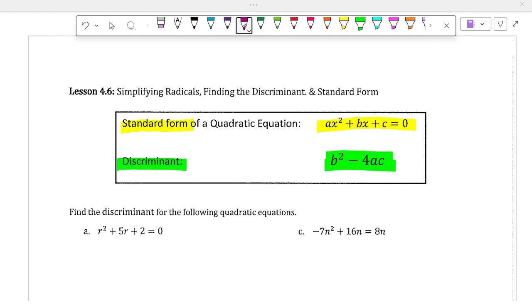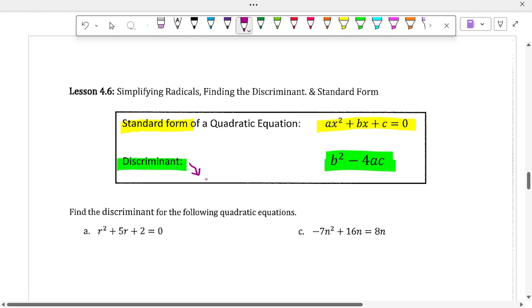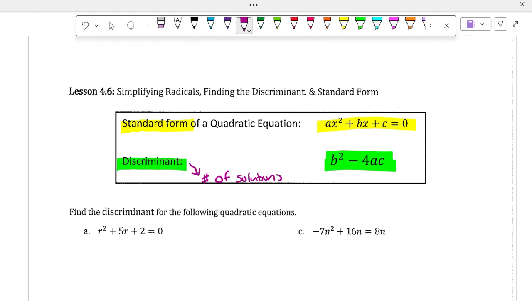It tells us the number of solutions that we will have as well as the type. And remember, by type, I mean whether it's real or imaginary.